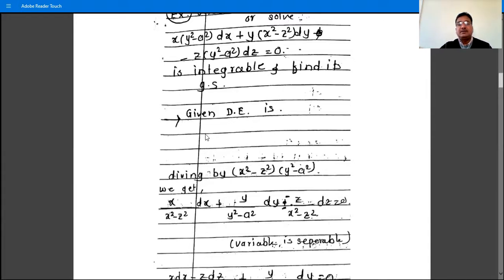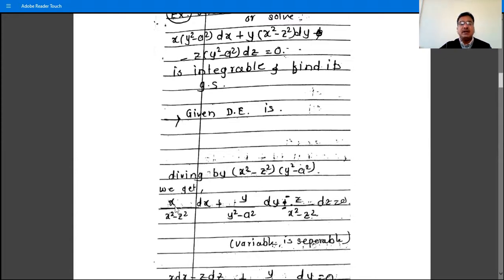That part, X bar dot curl X bar equal to 0, right? Then, multiplying by 1 divided by (x square minus z square)(y square minus a square).